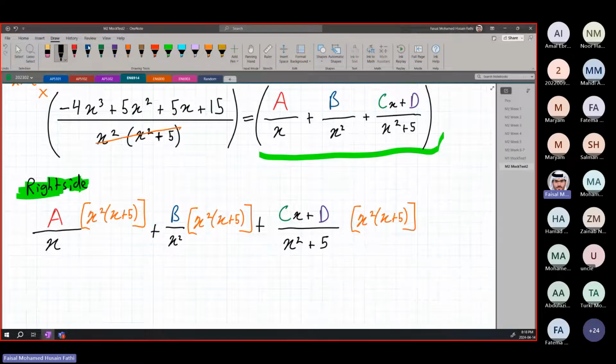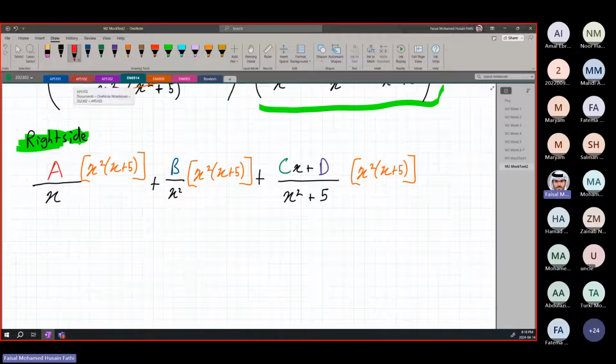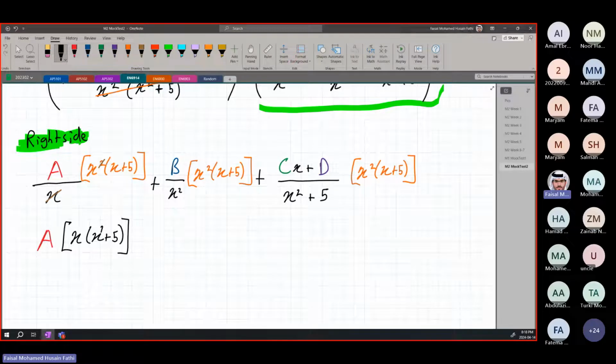So what are we going to do here? We're going to cancel out whatever we can with the denominators so we can simplify all of this. The first one: we can cancel out one of the squares with x. So we will remain with A times x into x squared plus 5, plus B. Again, we look at how we can cancel.